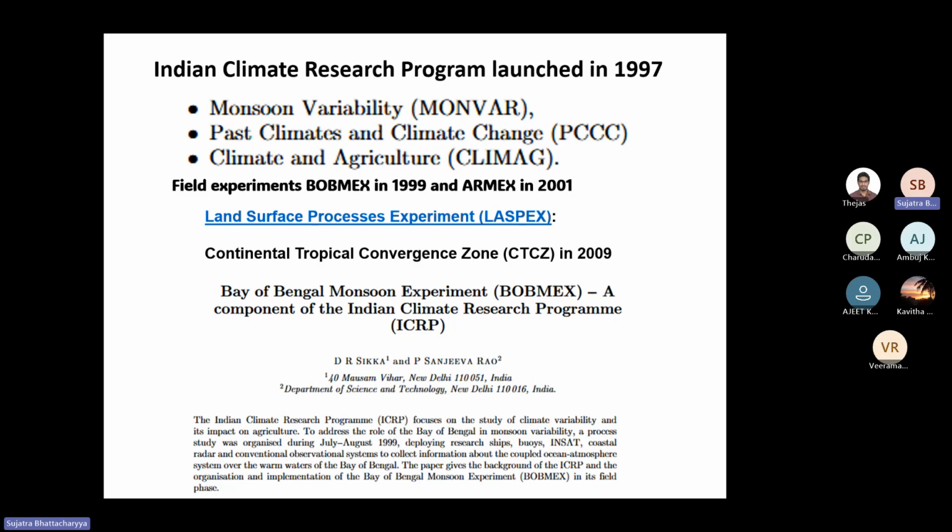This was the first time, because of that document, that India planned an experiment both in the Bay of Bengal, called BOBMEX, and in the Arabian Sea, called ARMEX. And of course, the leader for all this was Professor G.S. Bhat. Most of you know about him. So for the first time data was collected, and we were able to show the outside world that the data we collect is reliable. You must realize that since we were colonized for, I would say, 1,000 years, people don't trust what you do here. So you have to establish your credibility in the scientific world.